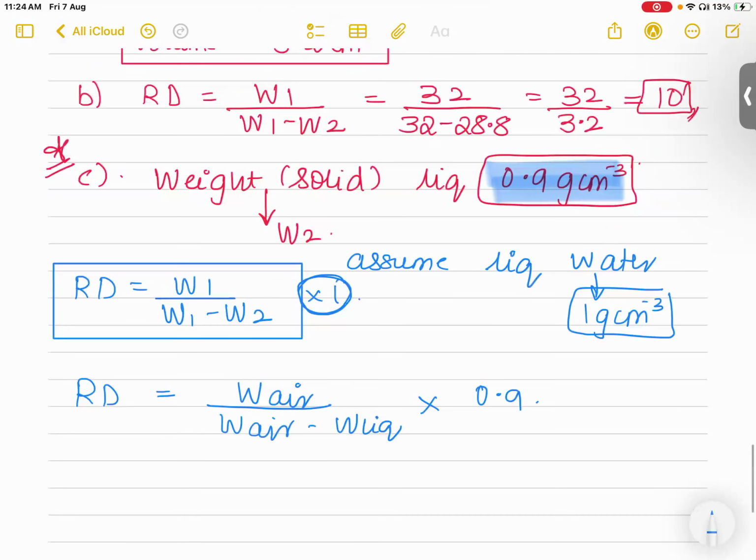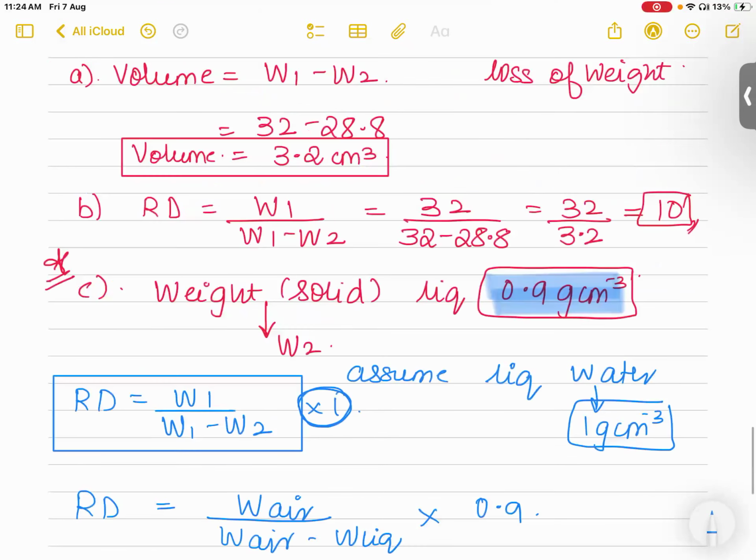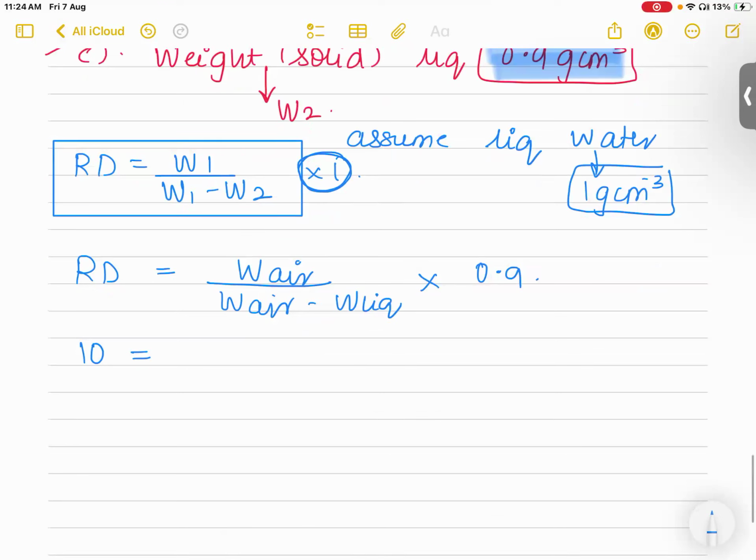RD I already have, which is 10, so I'll write 10. Weight in air I also found out, it is given as 32, upon 32 minus W2 multiplied by 0.9.